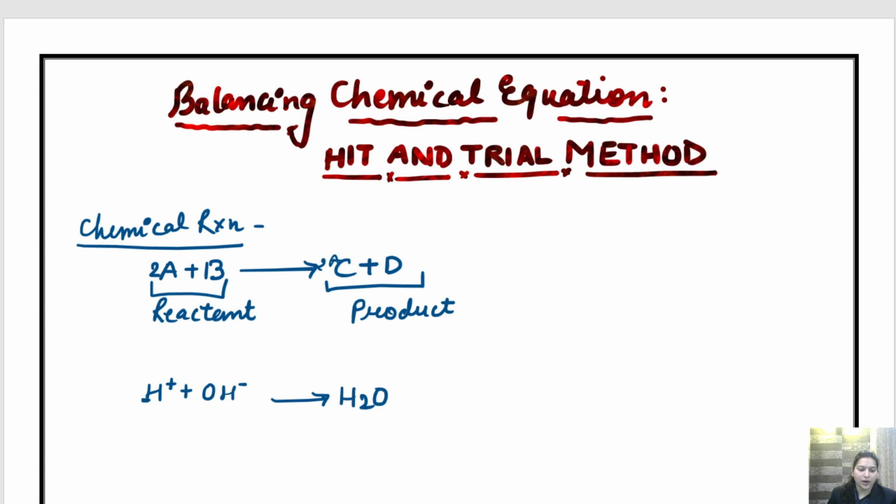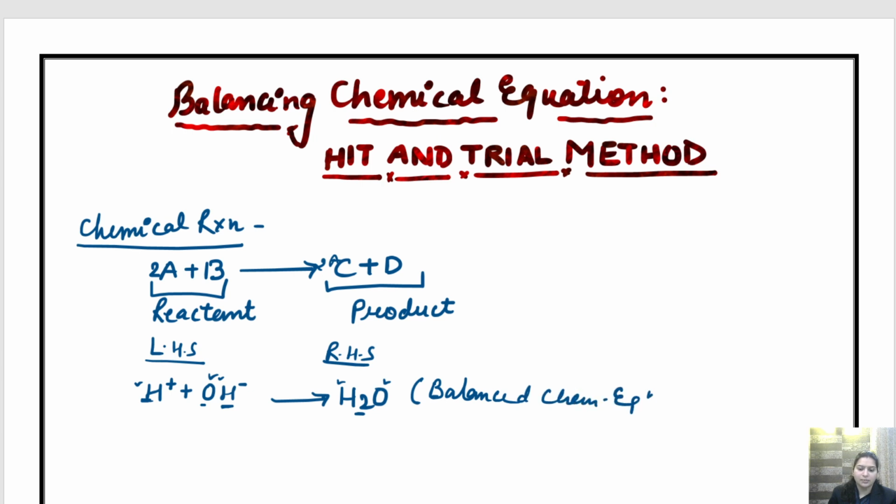Like here we have 1 and 1 hydrogen, so 2 hydrogen. Correct? Here also we have 2 hydrogen. So it is balanced. This is called LHS, that is left hand side, and this is called RHS, that is right hand side, that you do in maths. Okay. So here we have 2 hydrogen on LHS and we also have 2 hydrogen on RHS. So it is balanced. Now here we have 1 oxygen and here also we have 1 oxygen. So this chemical equation is said to be a balanced chemical equation.